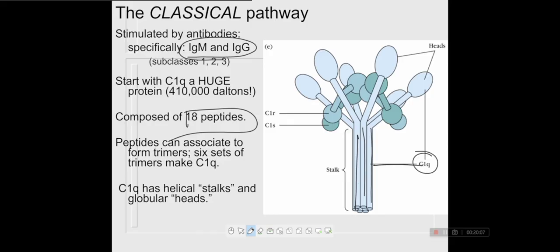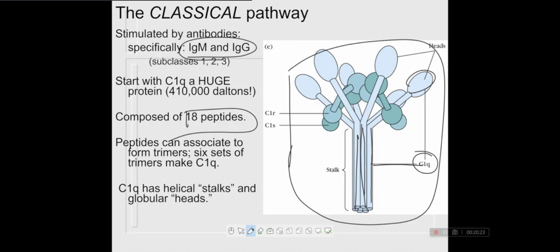C1q has helical stalks and a globular head. This is the globular head and this is the stalk, right? This is composed of 18 peptides. This is the C1q protein that helps in the classical pathway.